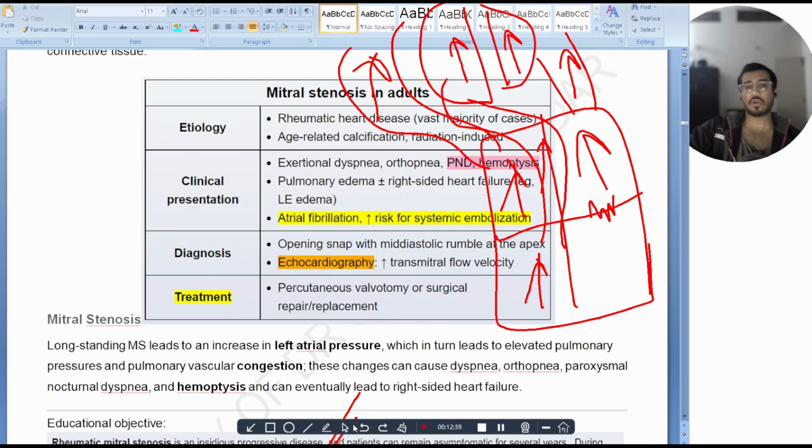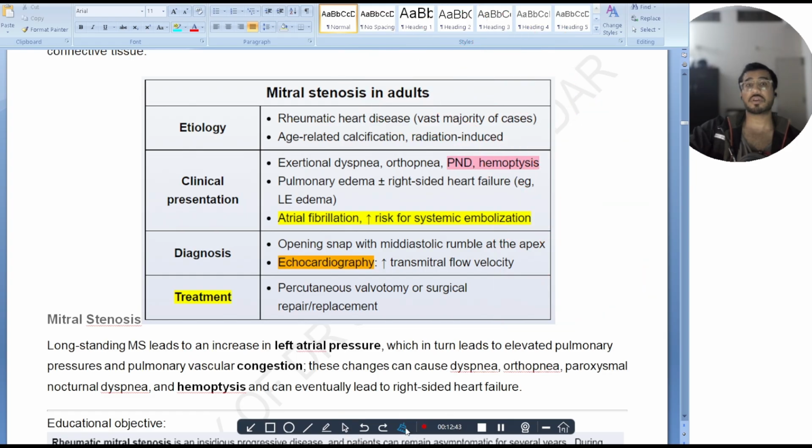You're going to get a lot of questions where these pressures are given and you're asked to decipher the reason behind that. One more thing that mitral stenosis does is, because of the backing up of the blood in the left atrium, left atrial dilation happens. And you guys know what happens when a chamber dilates. There are more chances that arrhythmia can occur because of a larger surface area of the chamber.